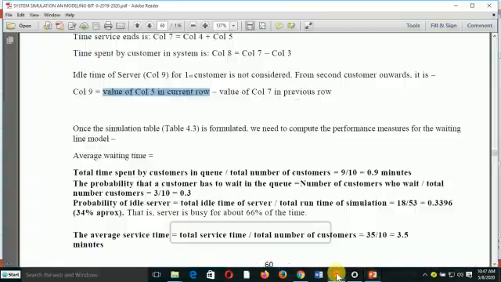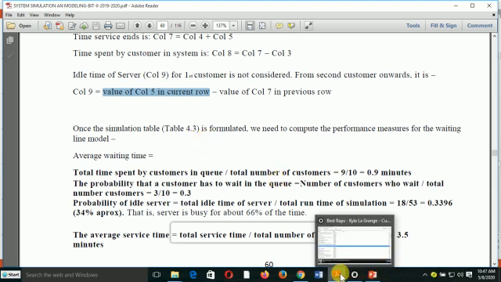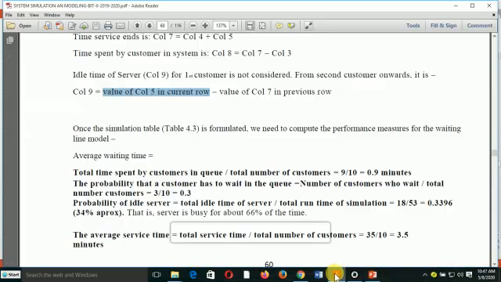So this is the simulation table. Once the simulation table is formulated, we need to compute the performance measures for the waiting line model. We are going to check the performance of this waiting line model and check if it is efficient or not. So we are going to calculate the average waiting time for all customers.